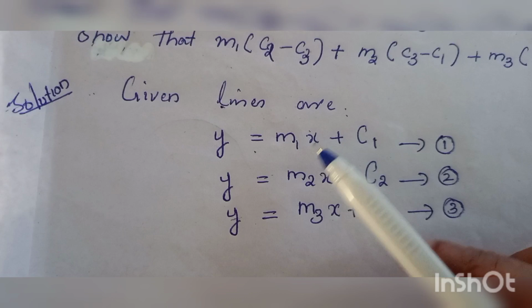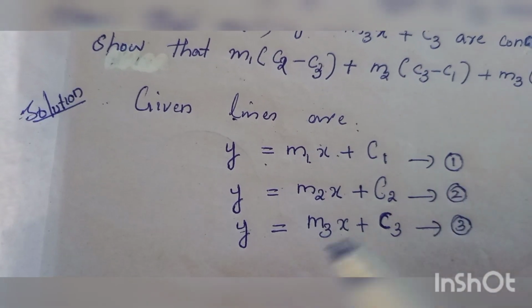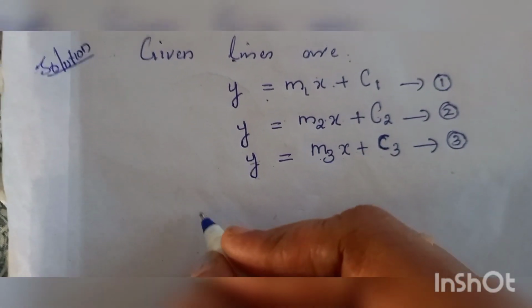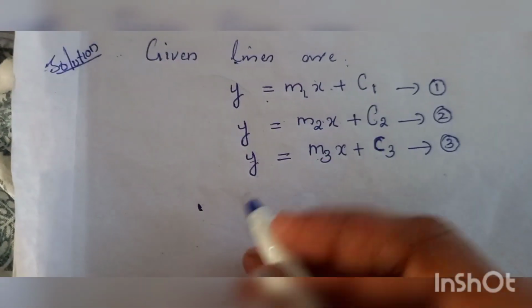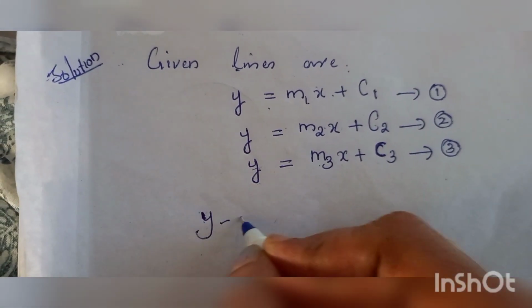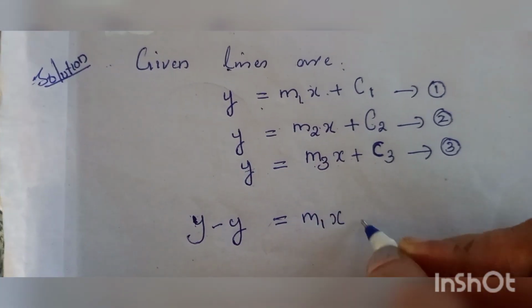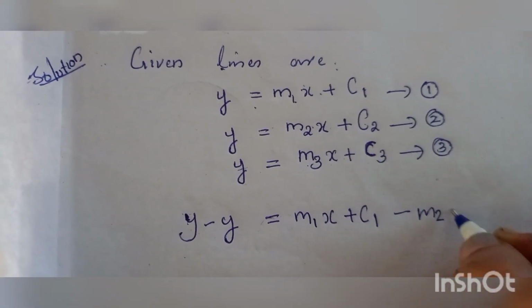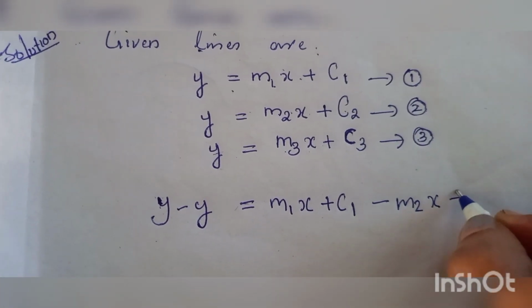Given lines are y equals m1x plus c1, y equals m2x plus c2, y equals m3x plus c3. Solving 1 and 2, that is subtracting 1 minus 2, we get y minus y is equal to (m1x plus c1) minus (m2x plus c2).